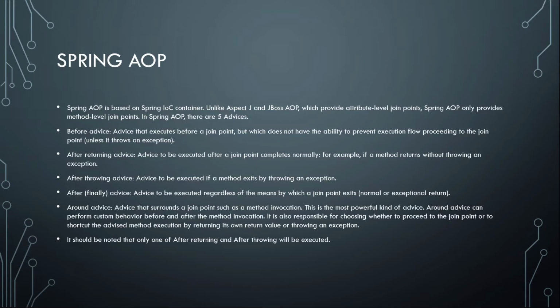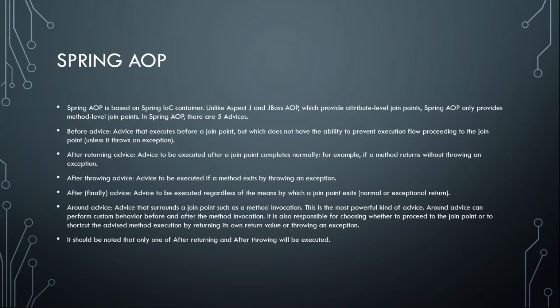After or finally advice is executed regardless of the means by which a join point exits, normal or exceptional return. Around advice surrounds a join point, such as a method invocation. This is the most powerful kind of advice. Around advice can perform custom behavior before and after the method invocation.